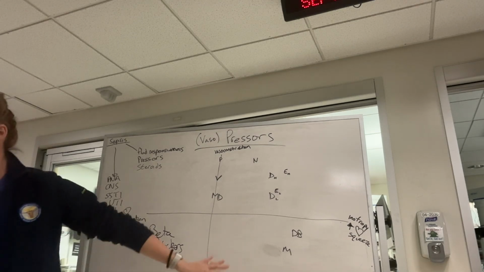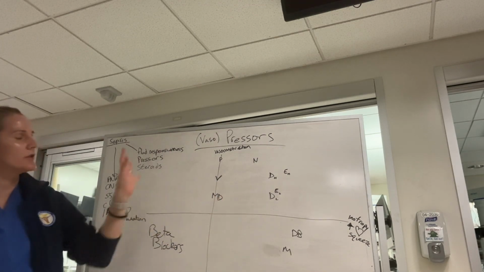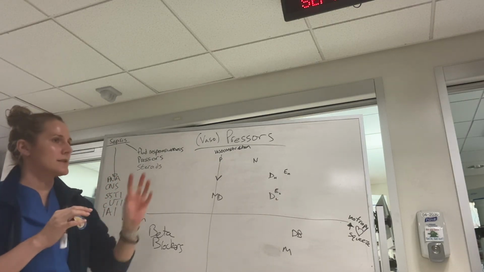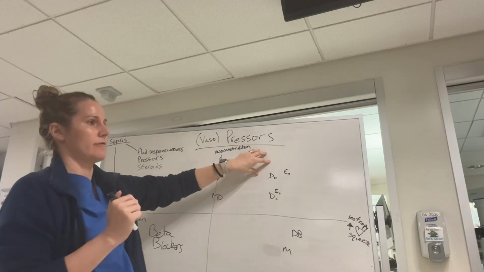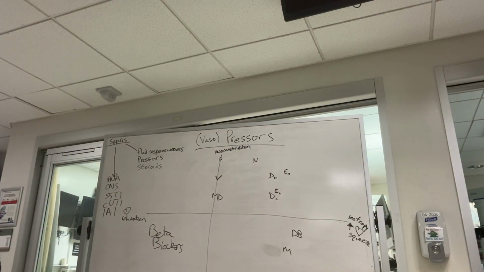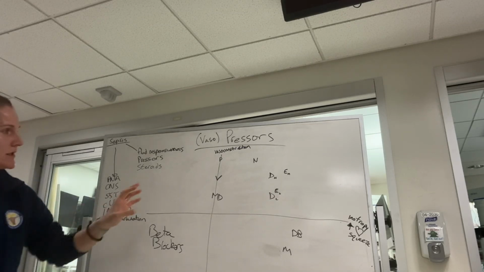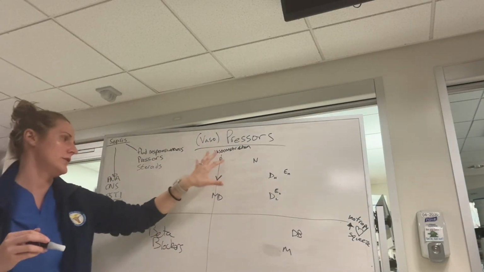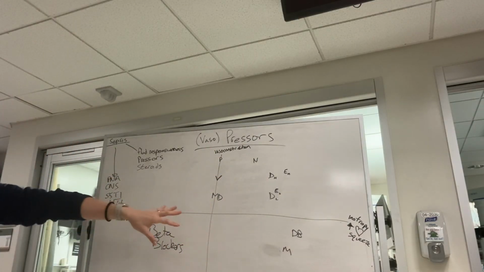Questions on pressors? Specifically for septic shock, there is the best and most evidence for norepinephrine. For pretty much any type of shock, in doubt, I always start with norepinephrine. It works for most shock, and that's because it is a combination of vasoconstriction and inotropic properties.